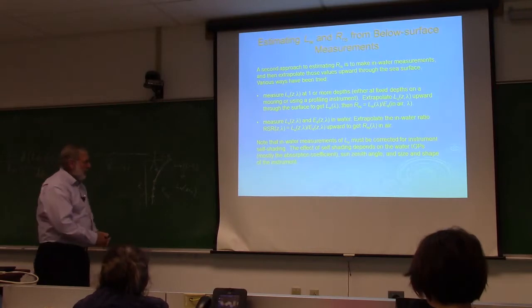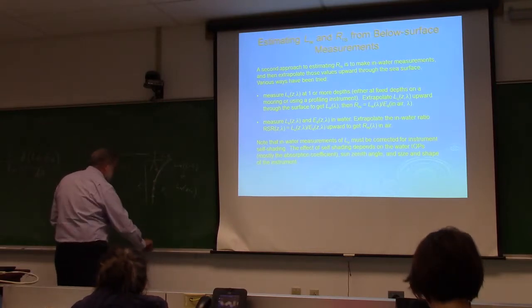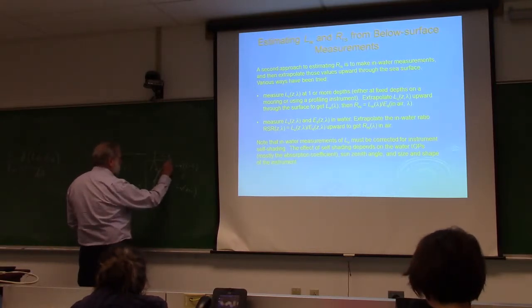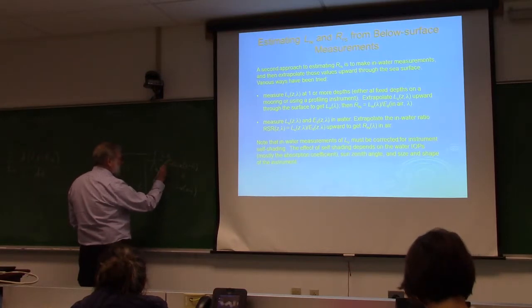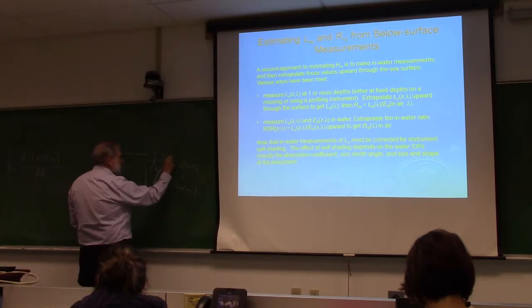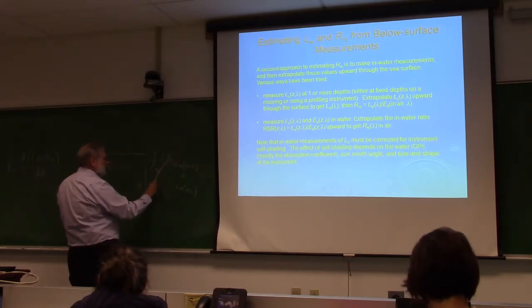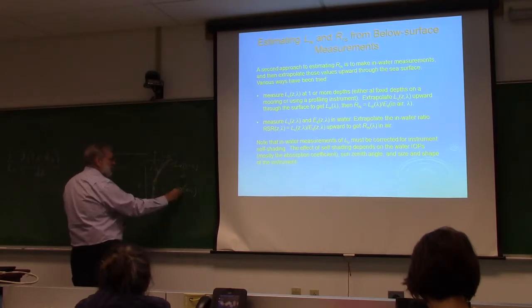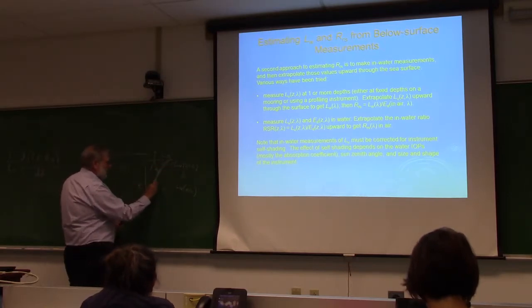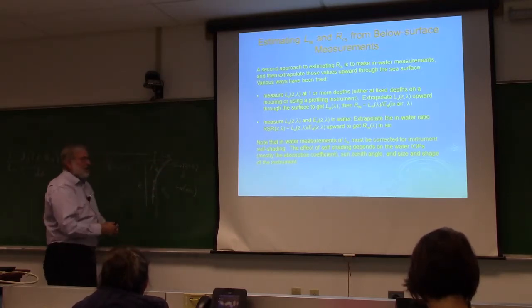And then, what if your IOPs are not constant? So you've got a layer of something like we had on the water out there the other day, where maybe the absorption coefficient actually looked like that. Well, then you've totally messed up this extrapolation from measurements down here.